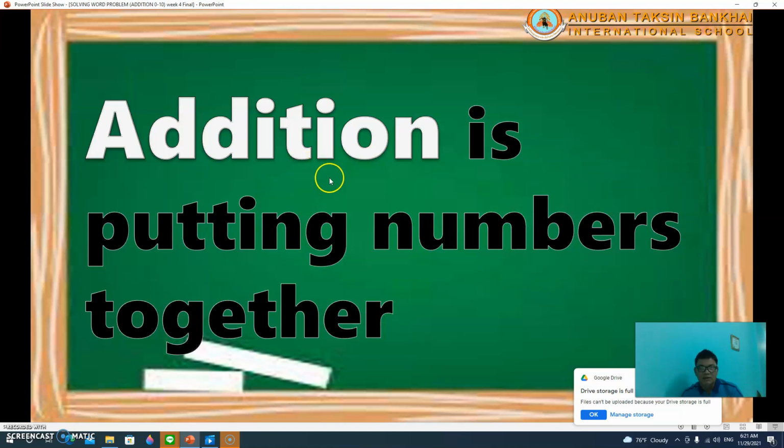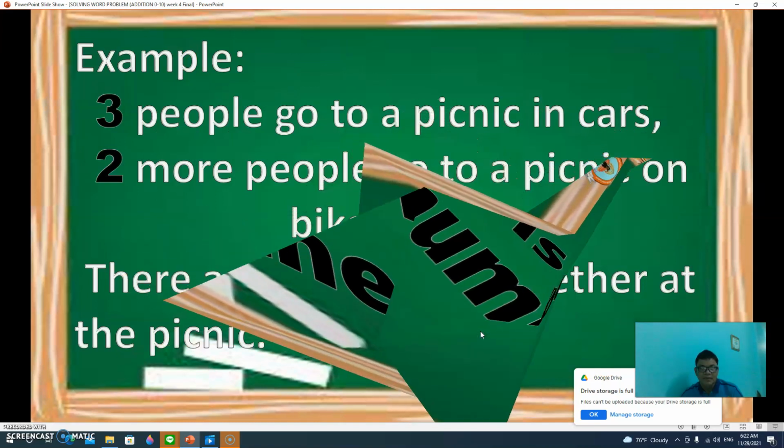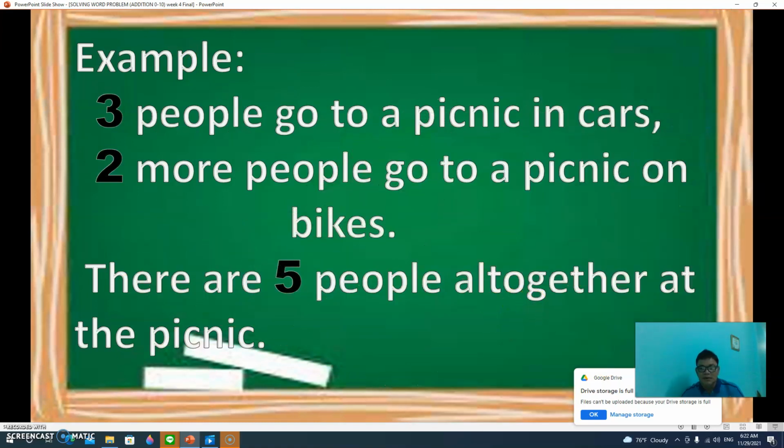Why? Because addition is putting numbers together. Next, let us proceed to our example.